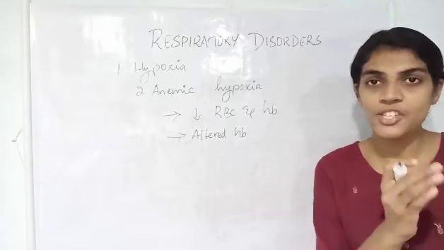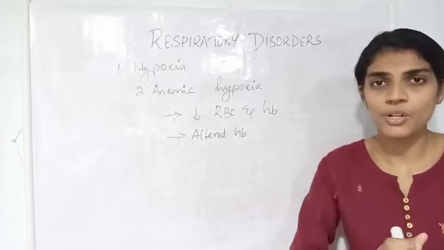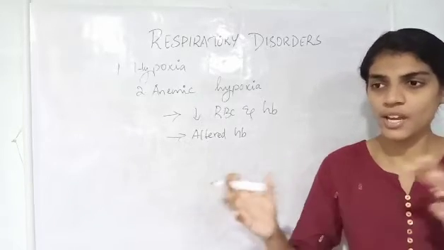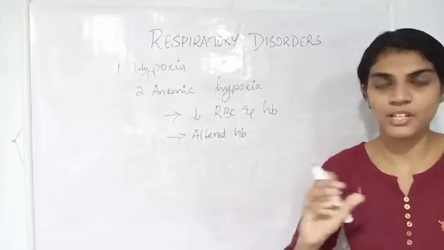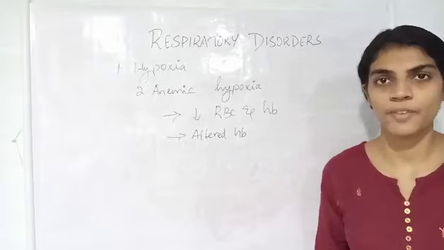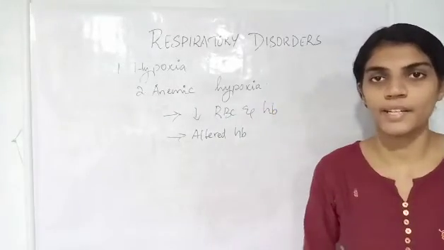In such a case, what is happening? We know that hemoglobin is only producing a physical combination with oxygen, not a chemical combination. Whenever the time comes, it dissociates, and when there is demand, it will again combine.